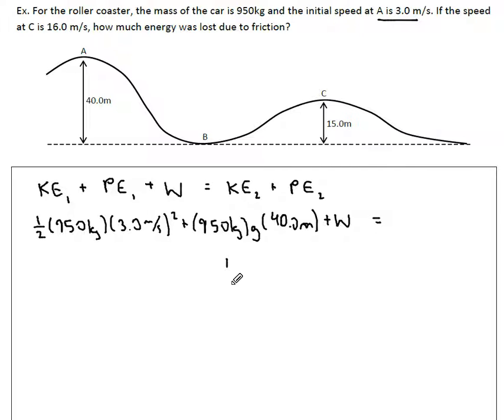So we have 1/2 times 950 kilograms times 16.0 meters per second squared, plus 950 kg times g times 15.0 meters.